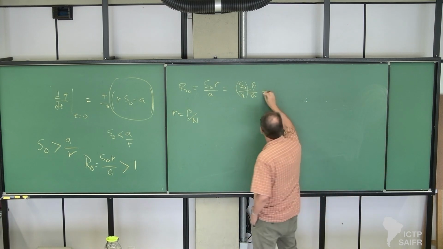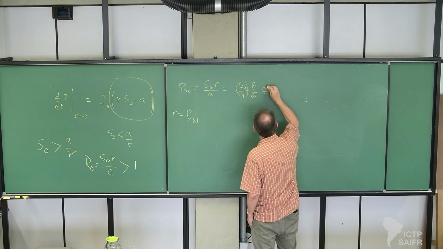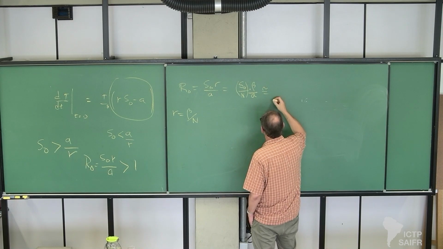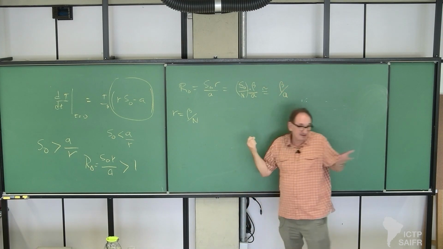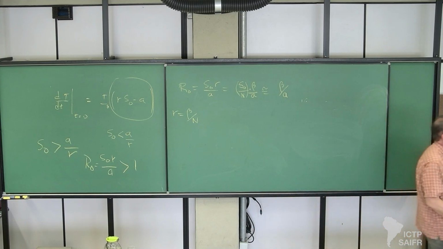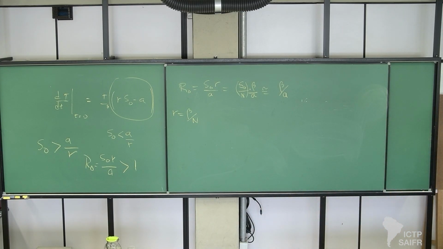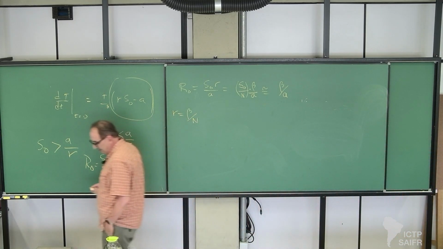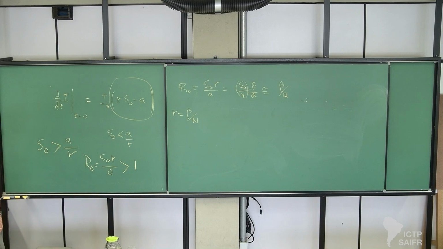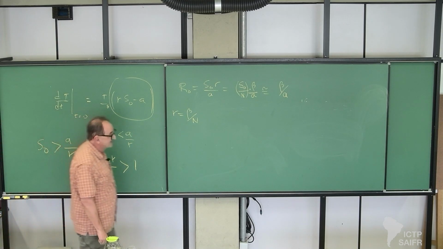So this will be taken by us now as beta over A, and this is the simple expression for the basic reproductive number.